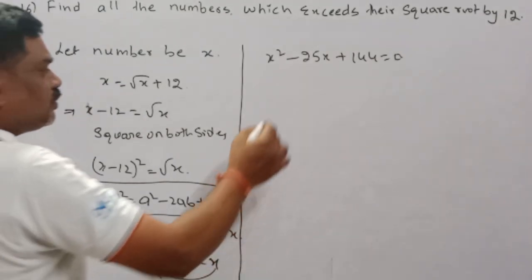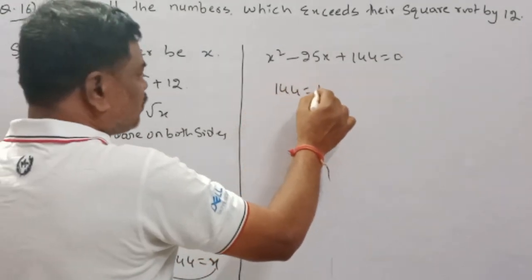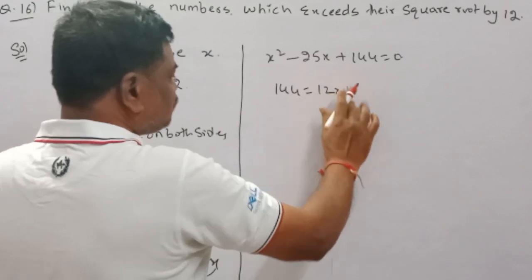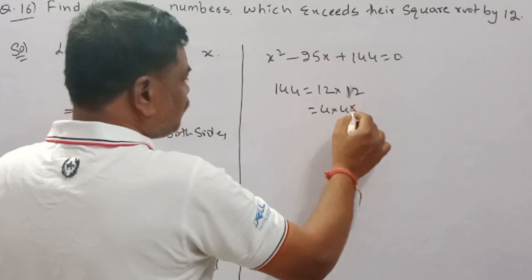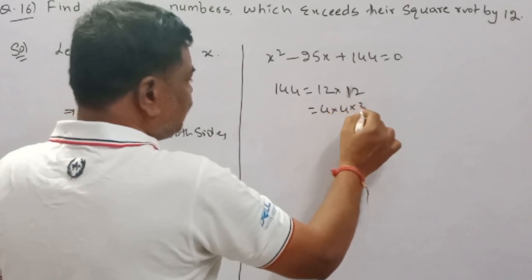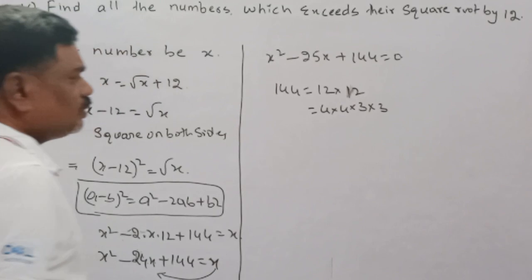Factorize 144. 144 is equal to 12 into 12, and 4 into 4 into 3 into 3.